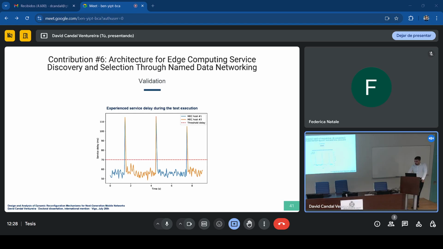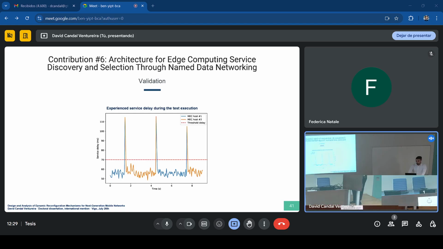As soon as the service delay is greater than the threshold, the next request will be broadcasted to closer servers, and the new optimal server will reply faster, and then the UE will consider this new server as the optimal one, and will send subsequent requests to this server, and therefore the delay is automatically reduced.